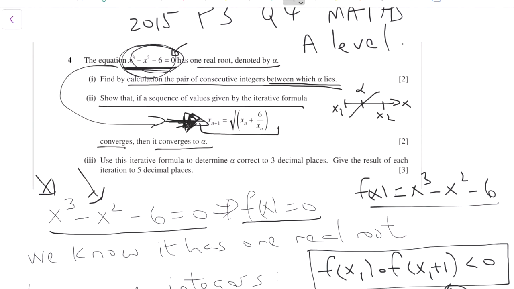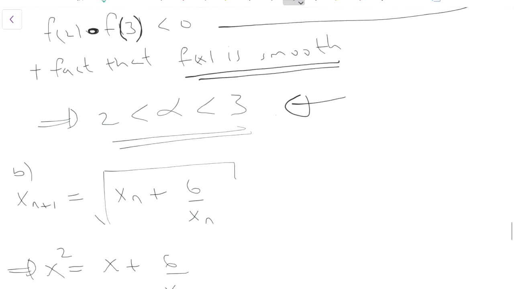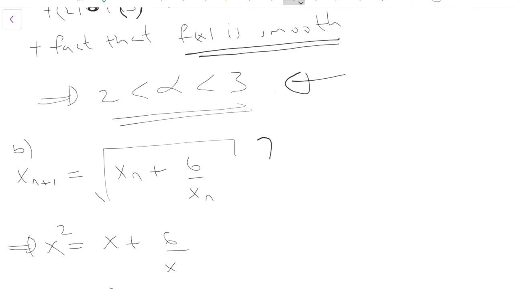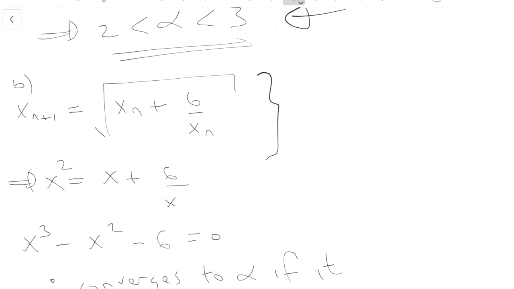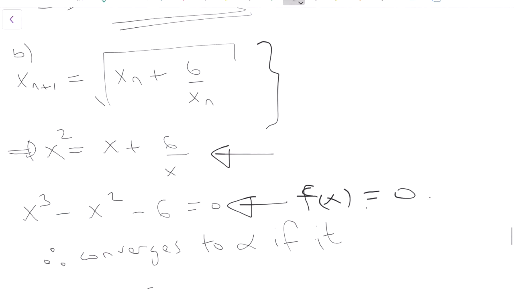There are two ways to approach this, and I think here it's easier to start with the iterative solution. Starting with this, you just drop the subscripts, so you obtain x squared equals x plus 6 over x, which gives the original equation, f(x) equals 0. Therefore, if this scheme converges, then it will converge to the root alpha.